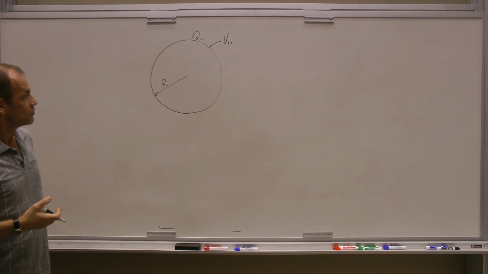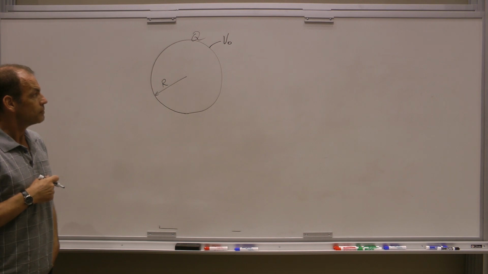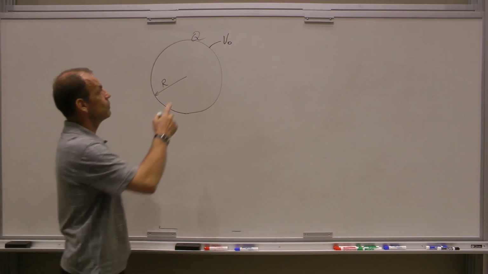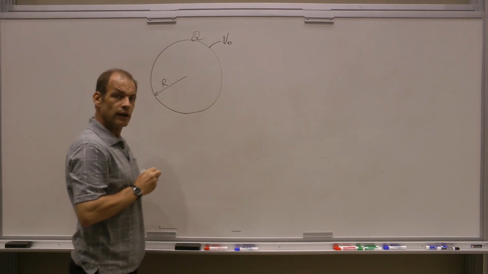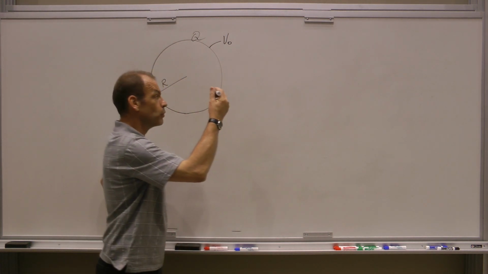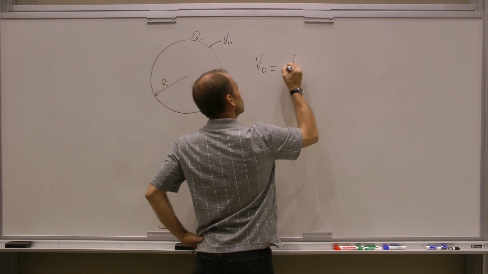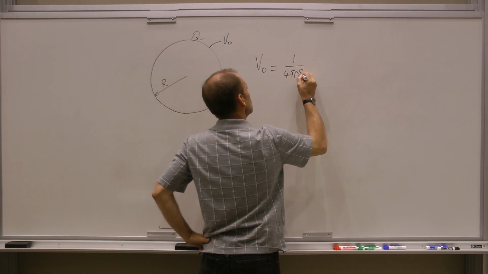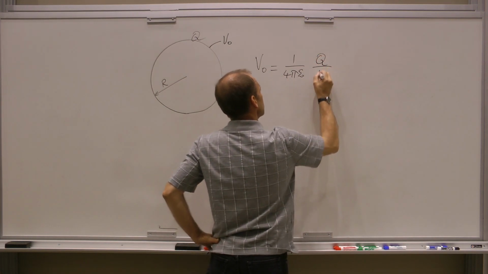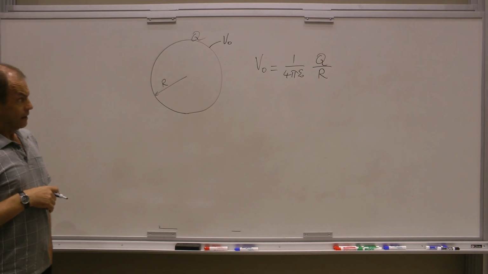It is an equipotential, the surface as well as the inside of that conductor. We know there's a relationship between the potential and the charge held by that sphere, the same as for a point charge. We've seen this many times. So the potential V0 is equal to 1 over 4 pi epsilon 0, the charge held by the sphere divided by the radius of the sphere. Classic calculation, we've seen that many times.